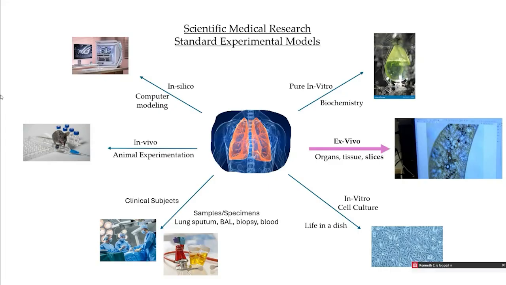And we have a slide presentation here. To begin, I would like to talk about the overall idea of precision cut slices. What we have is various methods in medical research through which we can obtain information and samples for analysis to do research.